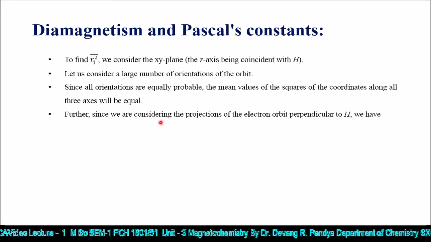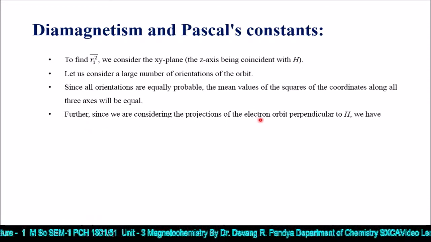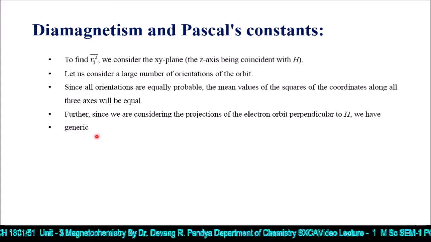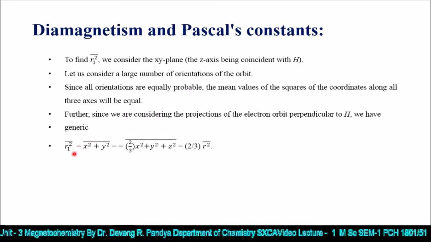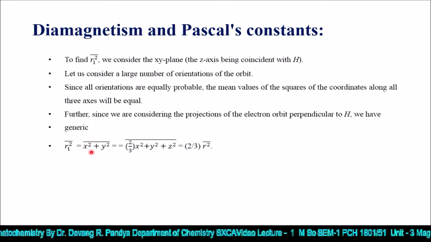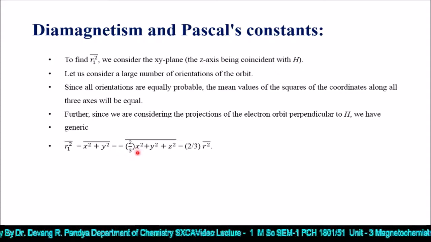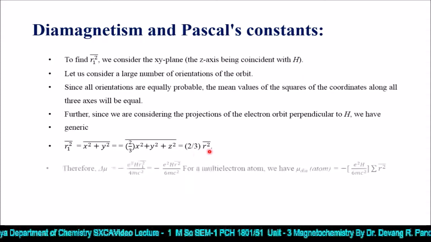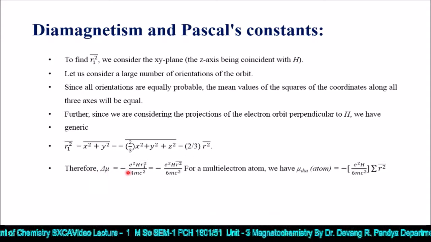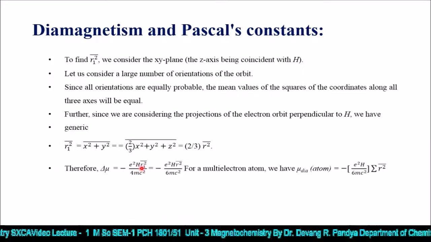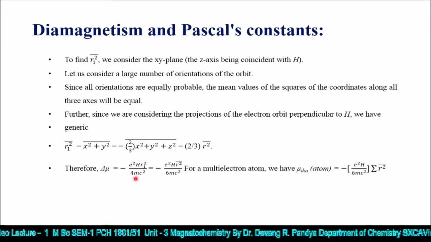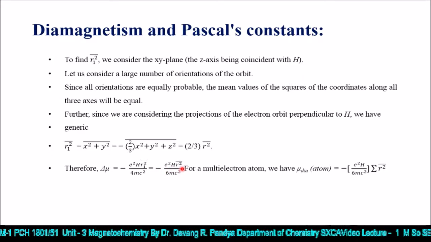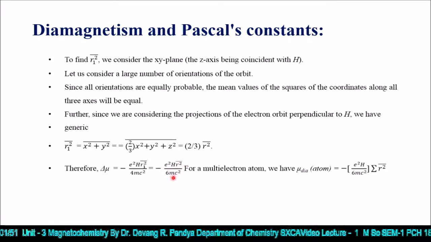Further, since we are considering the projection of the electron orbit perpendicular to the applied field, we have R1 square is equal to x square plus y square, which is 2 by 3 of x square plus y square plus z square, that means 2 by 3 into r square. Therefore, delta mu is equal to minus e square H R1 square upon 4mc square, which is equal to minus e square H r square, that is the normal orbit, by 6mc square.